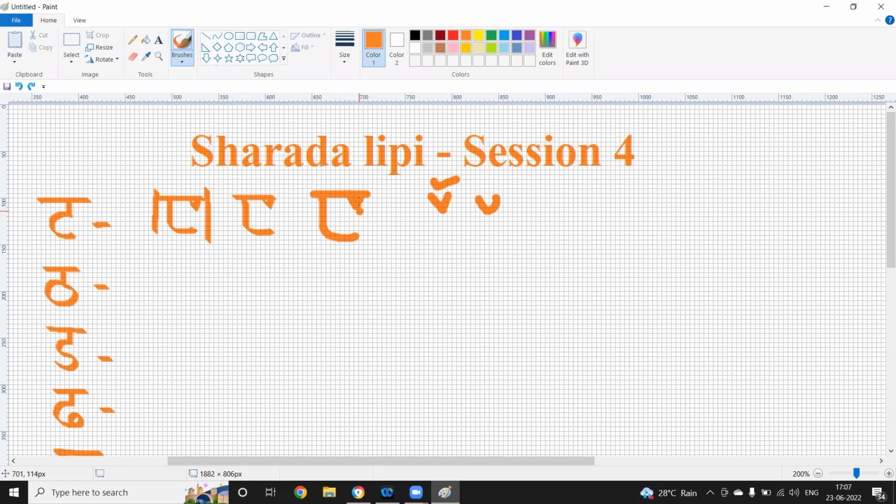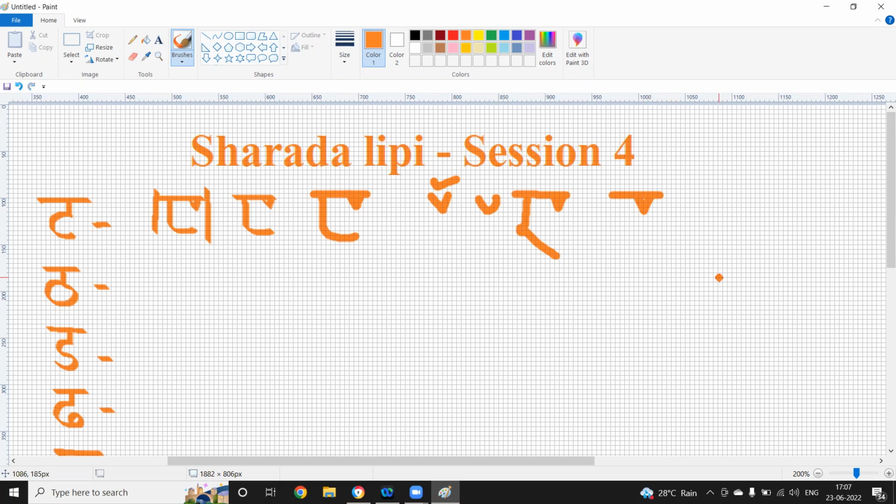What I was saying is this triangle is similar to what we did when we were doing the curve work, the last letter from that work. We had that triangle at the end of that letter as well. It's a similar triangle. Make sure the rule is the same for this letter as well. We do not make this triangle very wide. It has to be kept very narrow.